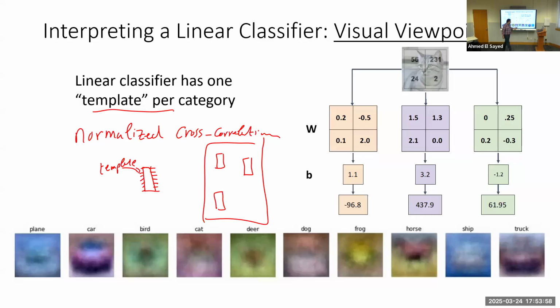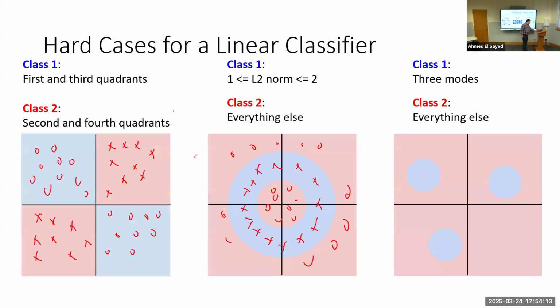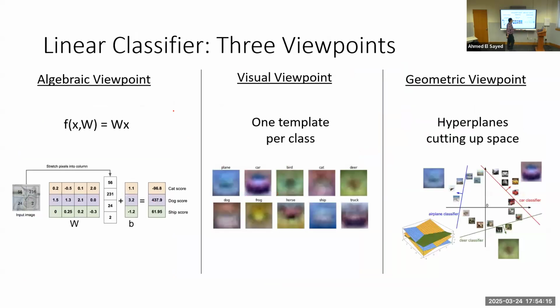That's why the linear classifier is actually doing a kind of template matching in this case. So, in conclusion, I can say that any linear classifier can be represented either as an algebraic equation or in a visual representation as a template.